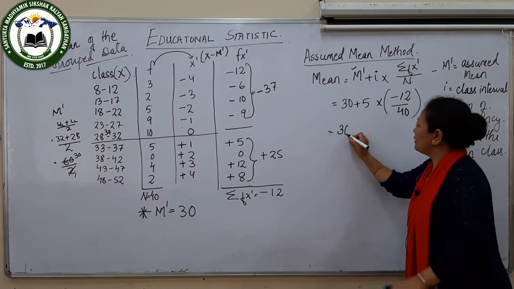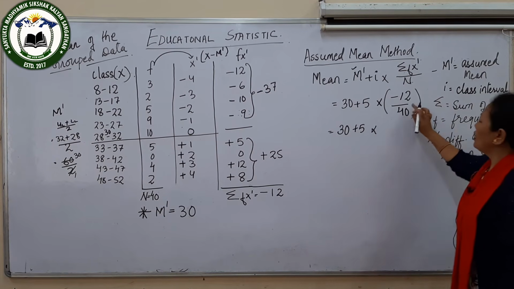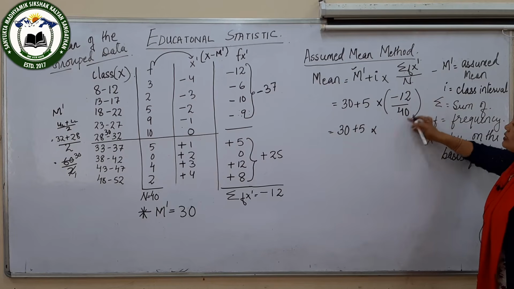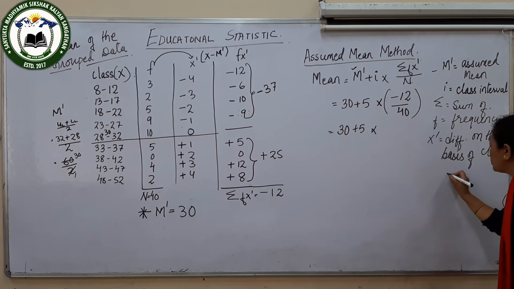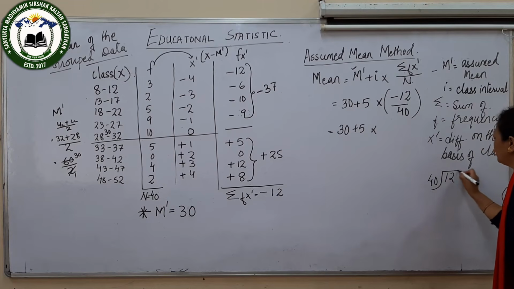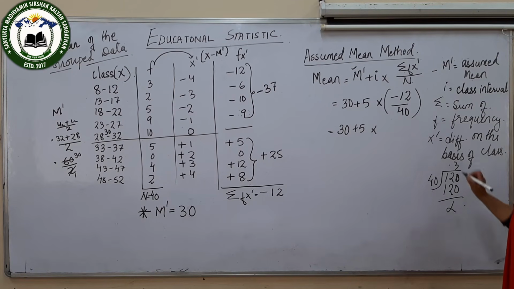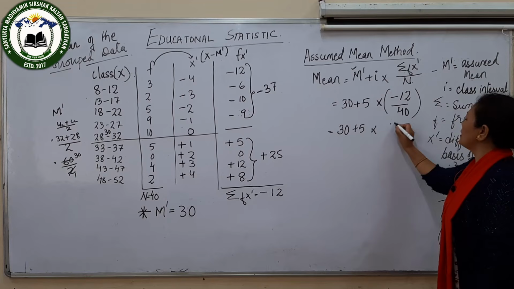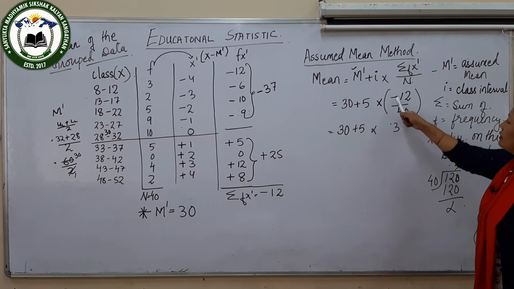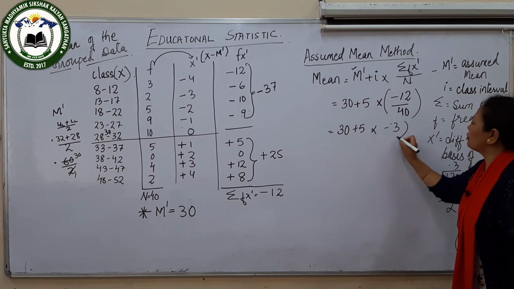Now, I'll write 30 plus 5 into, and now you divide 12 by 40. 0.04, 3 times is 12. So, that means we'll get 0.3, but this number is negative, so I'll write minus over here.